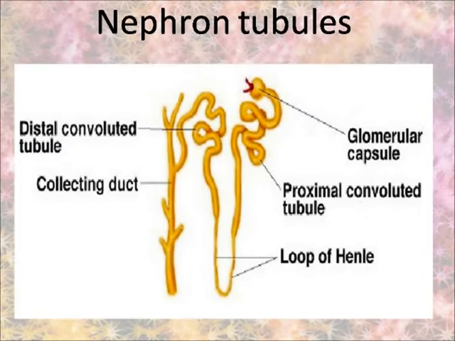The functions of the distal convoluted tubule are facultative reabsorption and secretion. It terminates in the collecting duct. The collecting duct receives fluid from the distal convoluted tubules of several nephrons, which then passes through the renal pyramid into the minor calyx. The function of the collecting duct is reabsorption of water.